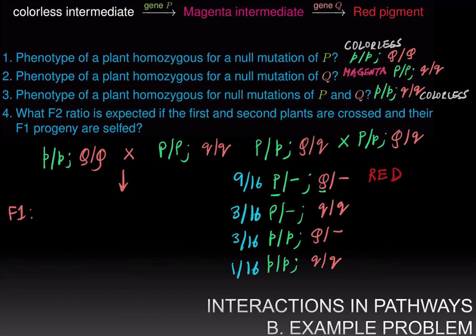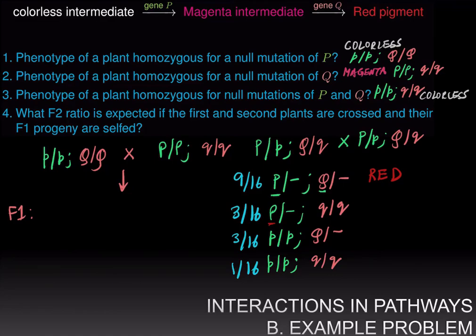The second individual has one big P allele. So they will have enzyme to convert the colorless intermediate into the magenta intermediate.